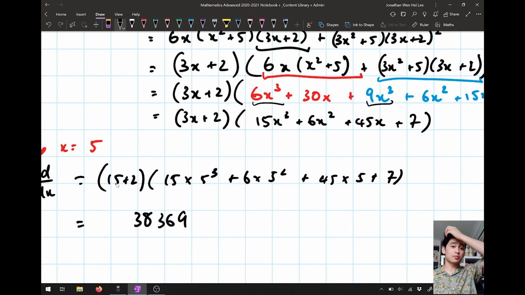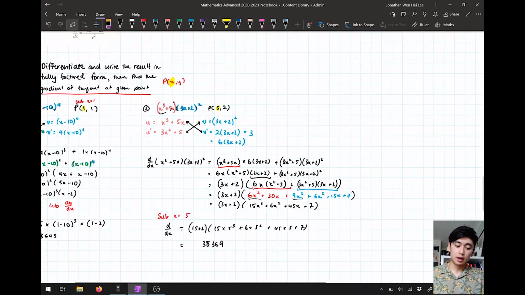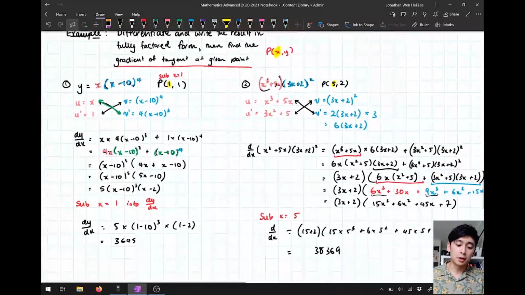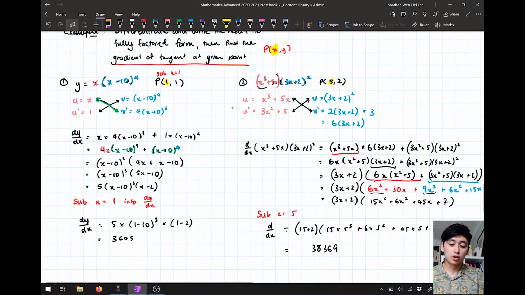So there we go. That's how we find the gradient of the tangent at that particular point. Okay, so product rule. What we want to do is identify our two products in our function, the two products that make up our original function.